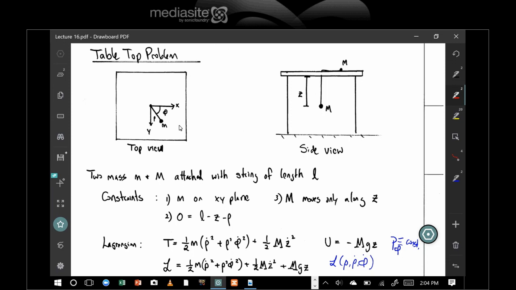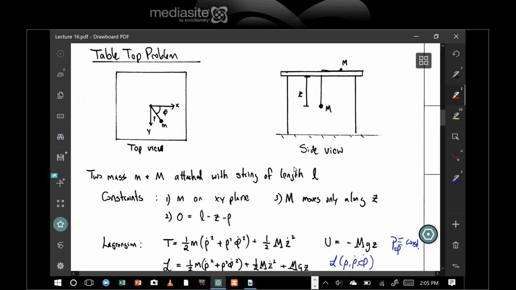Is there any force acting on little m? Yes, there's a tension. Does that force create a torque? The answer is no, because the direction of that tension is along the radius of the circle. So even though there's a net force acting on it, there's no net torque acting on it. Thus, the angular momentum of little mass m is going to be conserved.